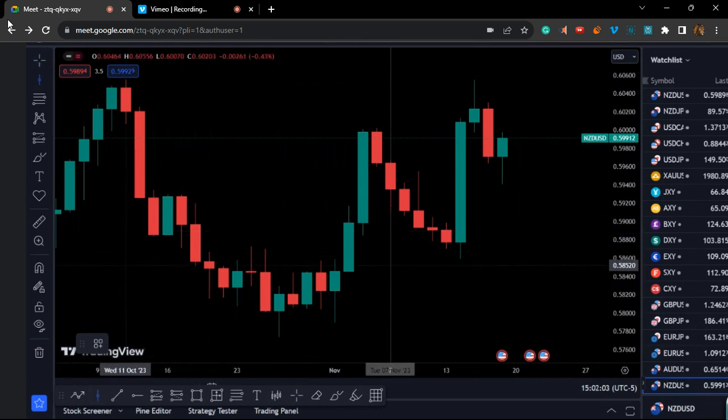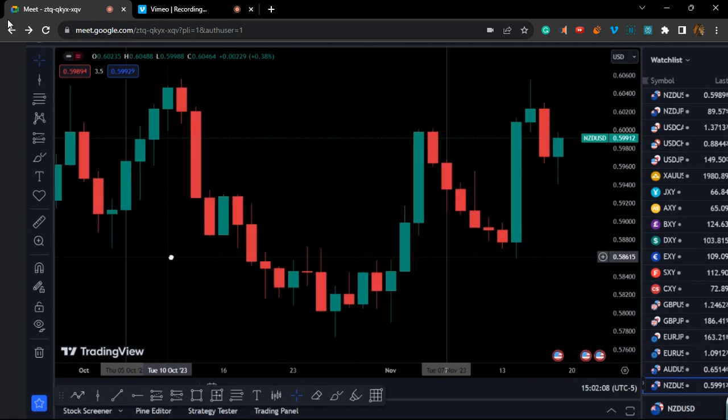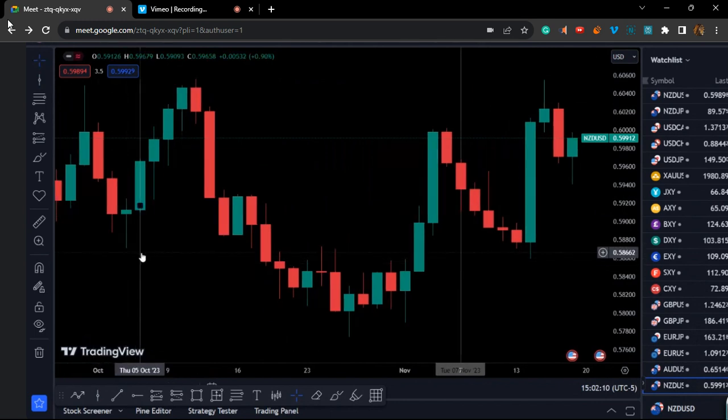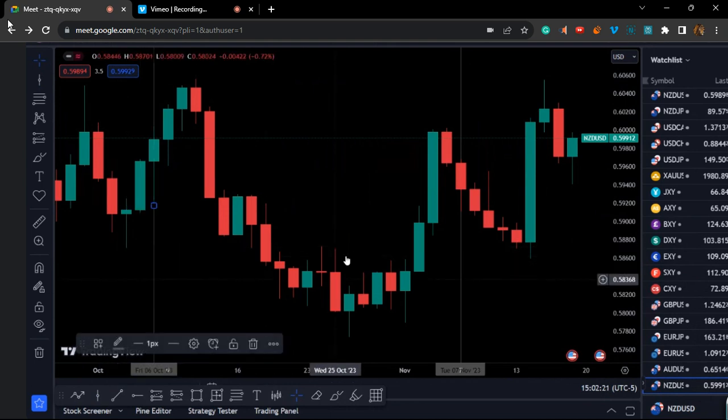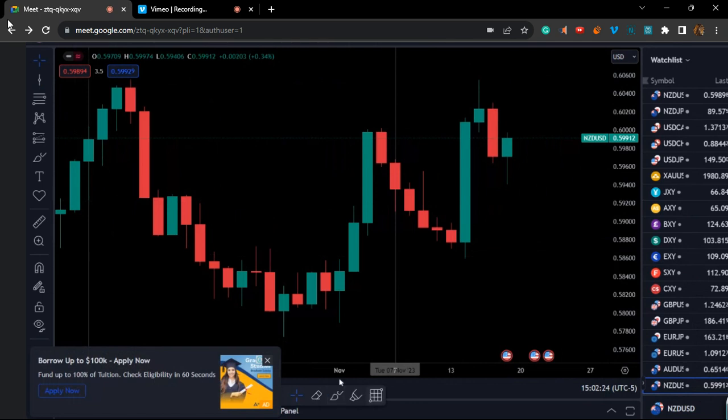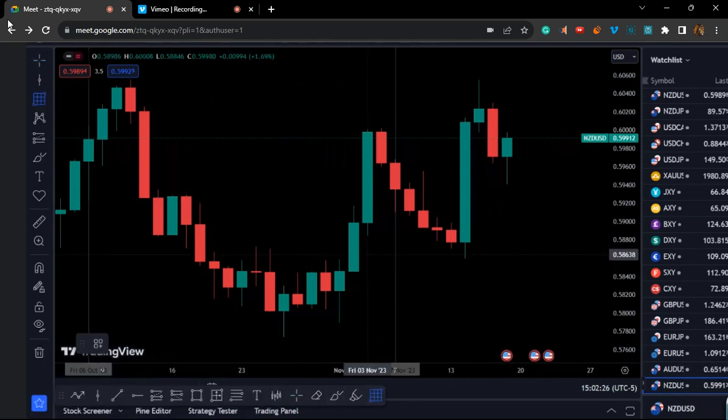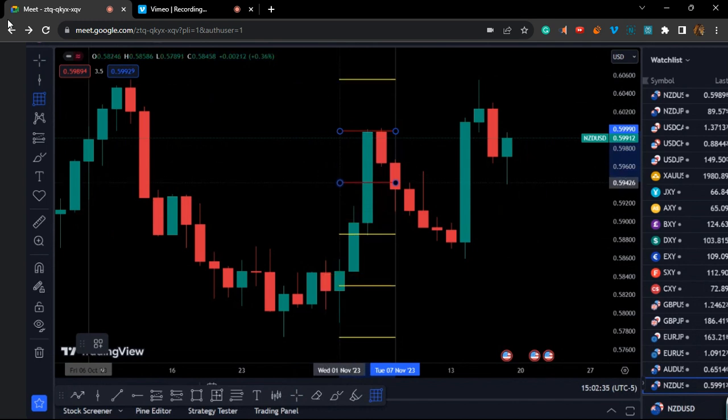One, two, three, four, five. Yep, first five trading days bodies, and then just zoom in to that candle to make sure it's on there.